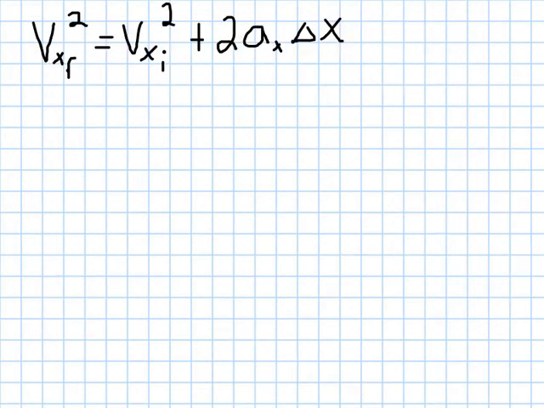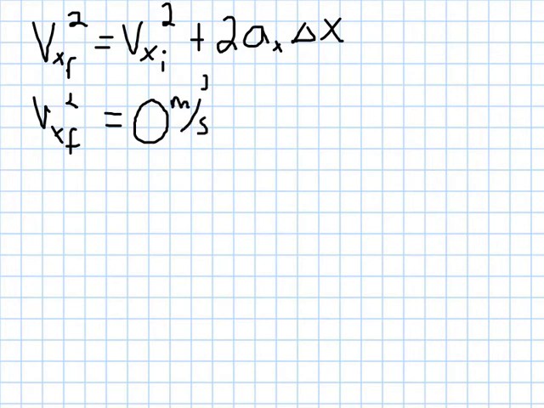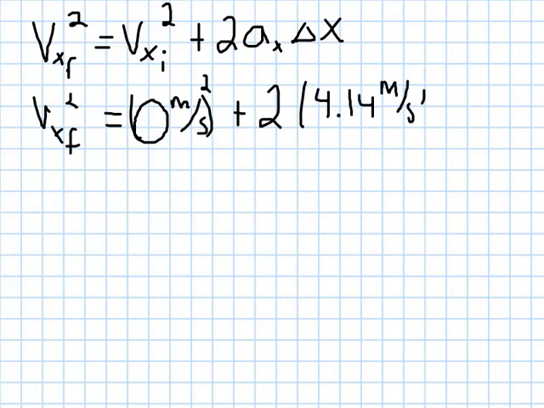All right, here's the equation that I've selected. Vxf is the final speed at the bottom of the hill. I don't know that. That's what I'm trying to solve for. I assumed that the initial speed was 0, and my units here are meters per second. I can write a squared because that should be squared, but it's of course just going to turn out to be 0. Plus 2 times, and the acceleration worked out to be 4.14 meters per second squared.